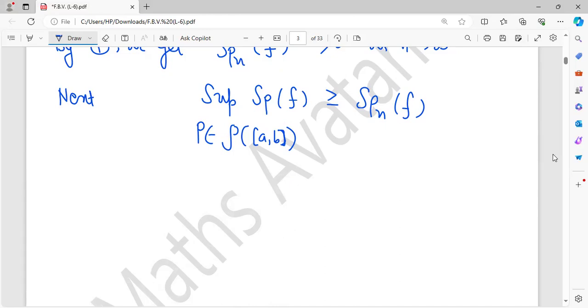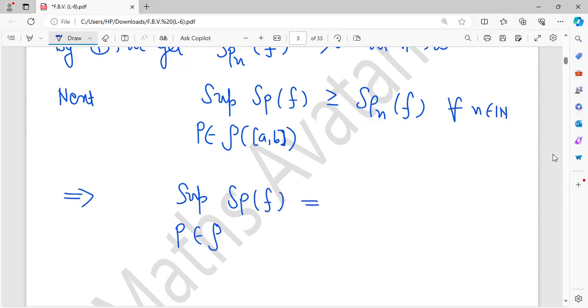So this implies that the supremum over P belonging to rho, and this is true for all n belonging to N. So this implies SPF is infinity.